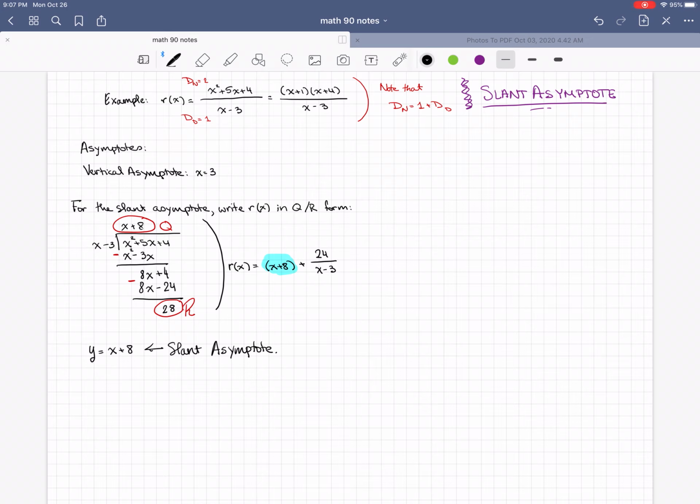So eventually, the graph will come closer and closer to the slant asymptote. But much like the horizontal, a function may cross its slant asymptote.